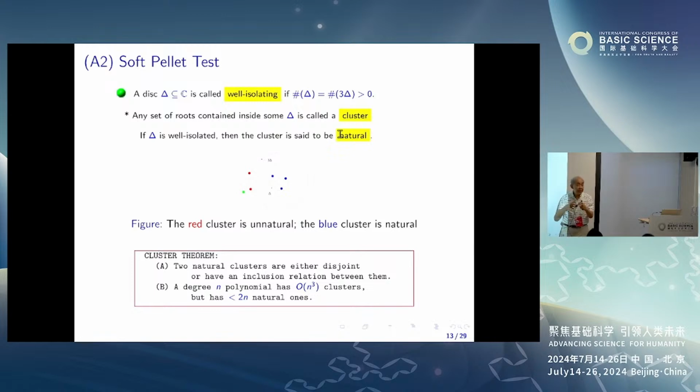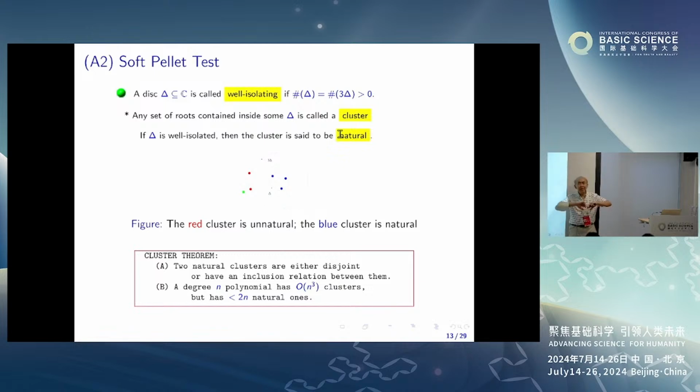Right? Those two include the green root, right? The blue cluster is 3 times bigger. There are simple reasons for that cluster.